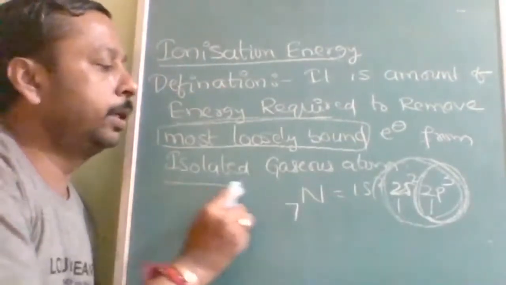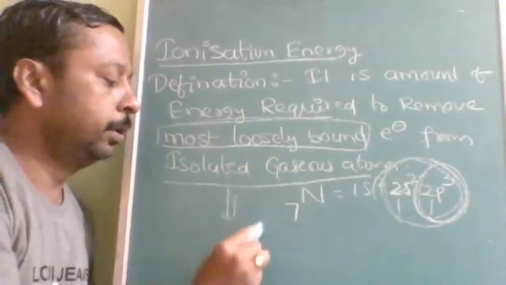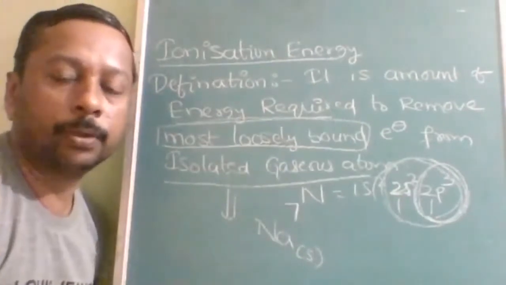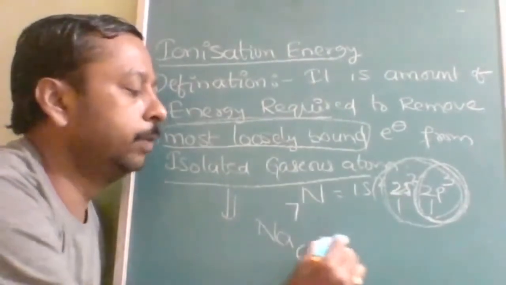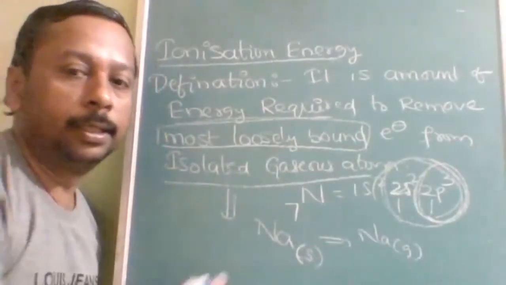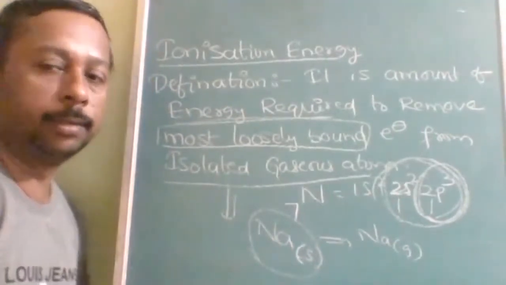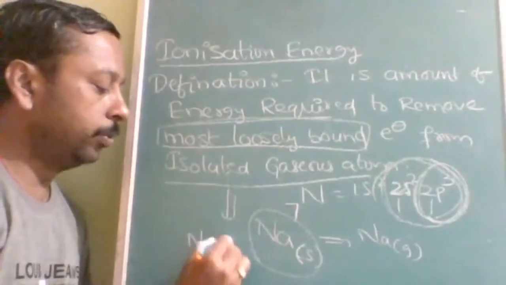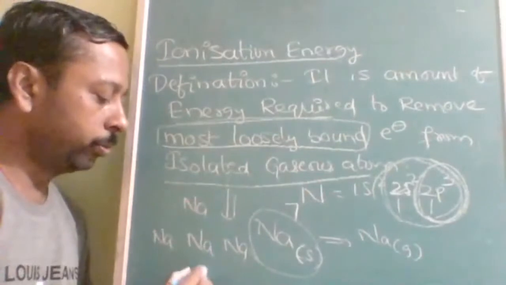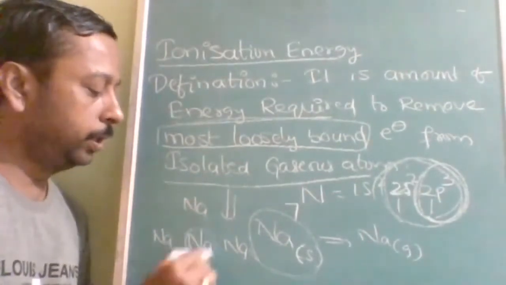Then, isolated gaseous atom. It means you will never remove an electron from solid sodium. First of all, it should be converted into sodium gas. Why? Because in solid sodium, each sodium is surrounded in all directions by so many sodiums, all closely spaced.